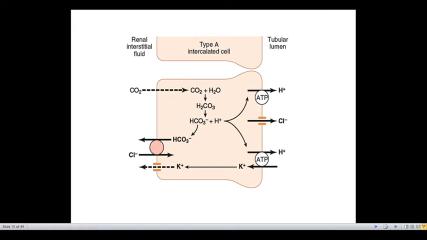The figure shows type A intercalated cells containing hydrogen ATPase and hydrogen potassium ATPase in the luminal membrane of the renal tubule. These transporters secrete hydrogen ions while reabsorbing potassium ions and bicarbonate ions in acidosis.